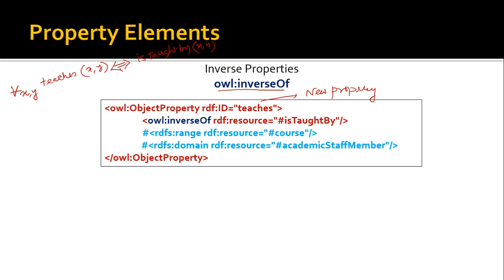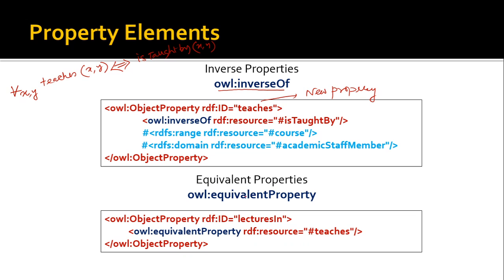And vice versa, right? The domain and range will be exchanged. Similarly, you can define two properties to be equivalent properties. We are basically saying lectures in is an equivalent property of teaches, right? This is very simple to follow.